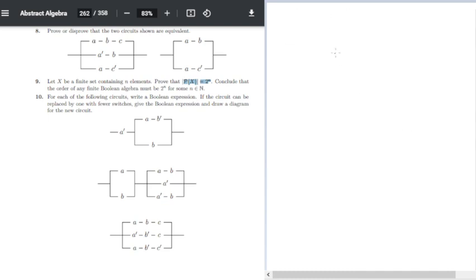I guess one way to do it is to basically show that, letting X be the set of just arbitrary elements that we label 1 up to n.